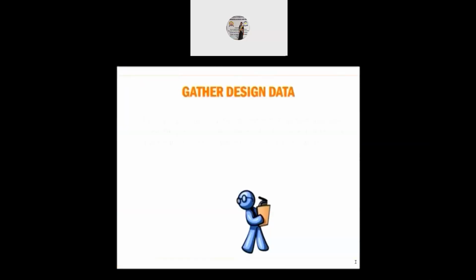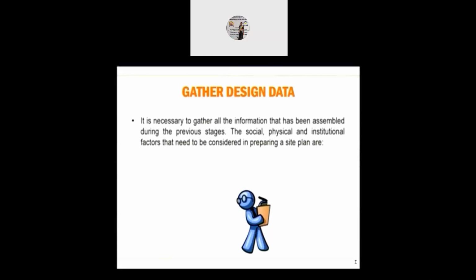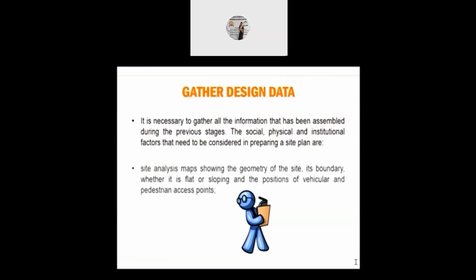So gather design data. It is necessary to gather all information that has been assembled during the previous stage. The social, physical, institutional factors that need to be considered in preparing the site plan are a site analysis map showing the geometry of the site, its boundary, whether it is flat or sloping, and the position of vehicular and pedestrian access points.